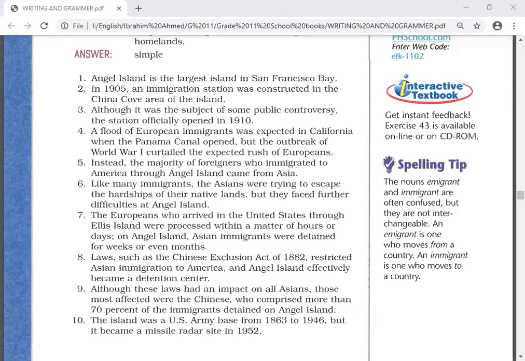A flood of European immigrants was expected in California when the Panama Canal opened, but the outbreak of World War II curtailed the expected rush. Compound complex. Yes, because we have a comma then but, and we have another subordinate clause, which is when the Panama Canal opened. Am I right? So it's compound complex. Thank you.